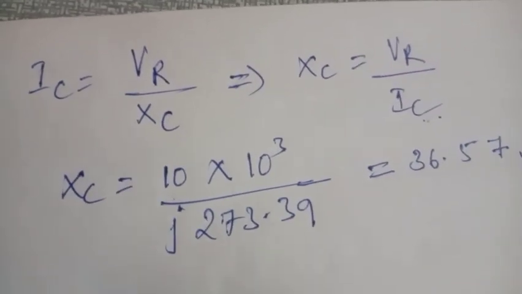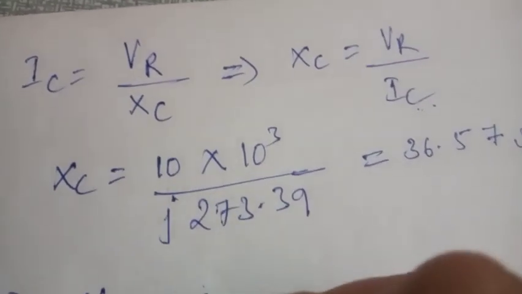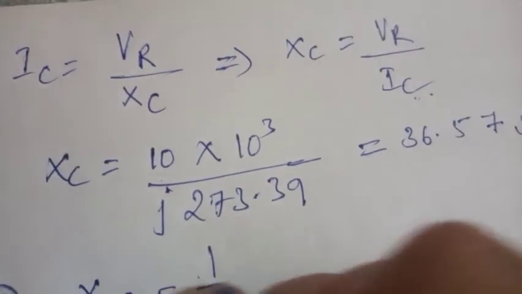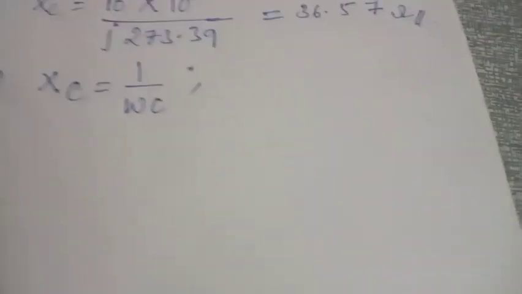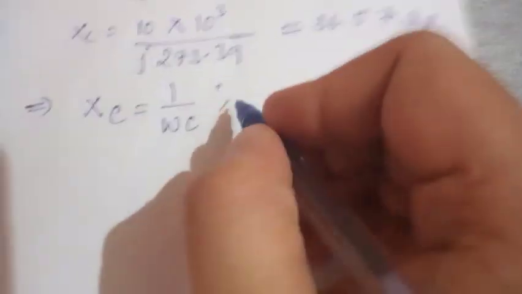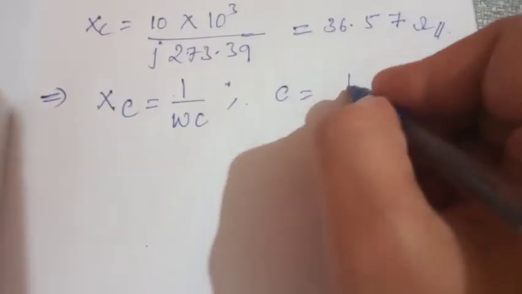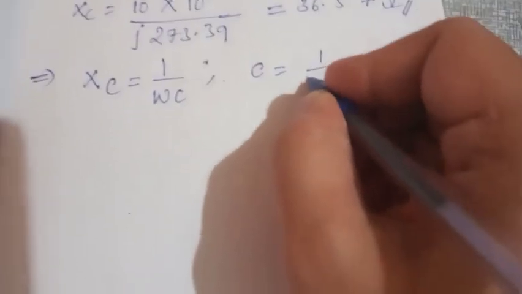Now if you want to calculate C, XC is equal to 1 by omega C, right? So C is equal to 1 by omega into XC. What is omega?